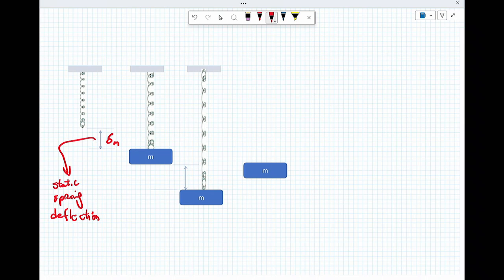So I have a mass and a spring again, but now the spring is vertical. And because the spring is vertical, the spring will have a relaxed length that's defined here. When I slowly attach and allow slowly for the mass to drop, I will have a static deflection, which is defined by delta m.